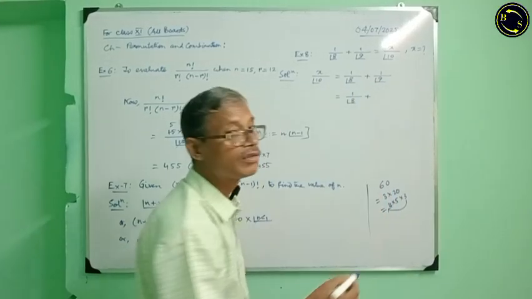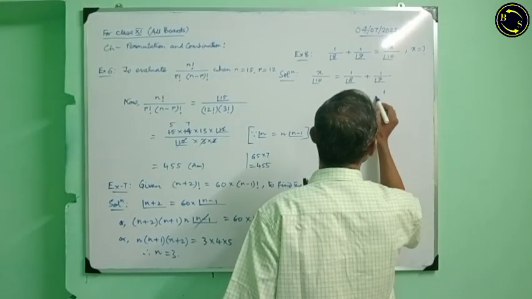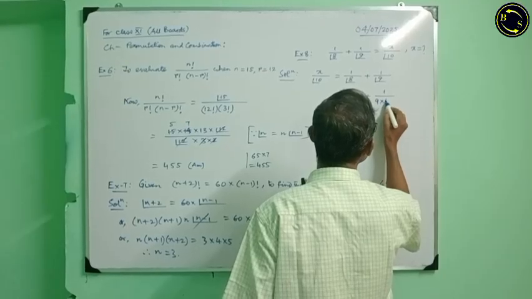As 9 is greater than 8, therefore I express factorial 9 as product of 9 into factorial 8.